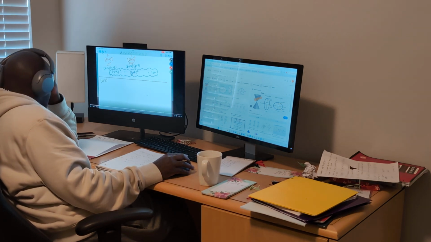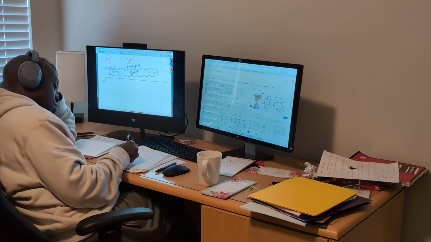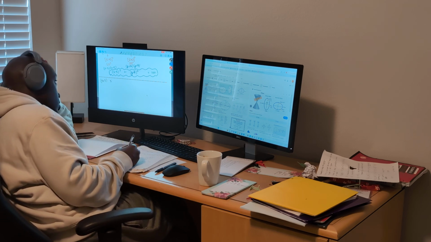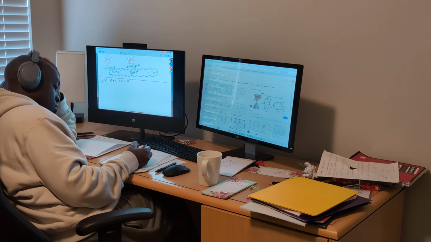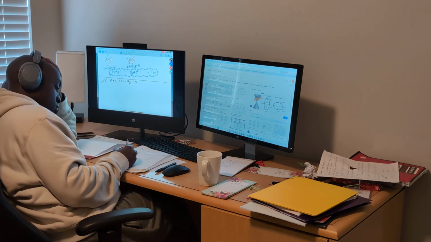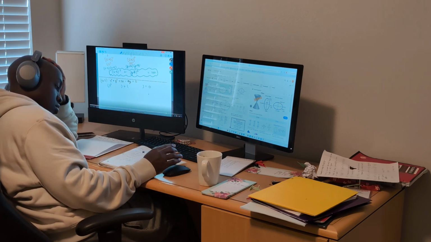So for this last one, we have x squared plus y squared plus a 12x minus 18y is equal to 0. And I'd like to have the x's plus the y's equal the number.